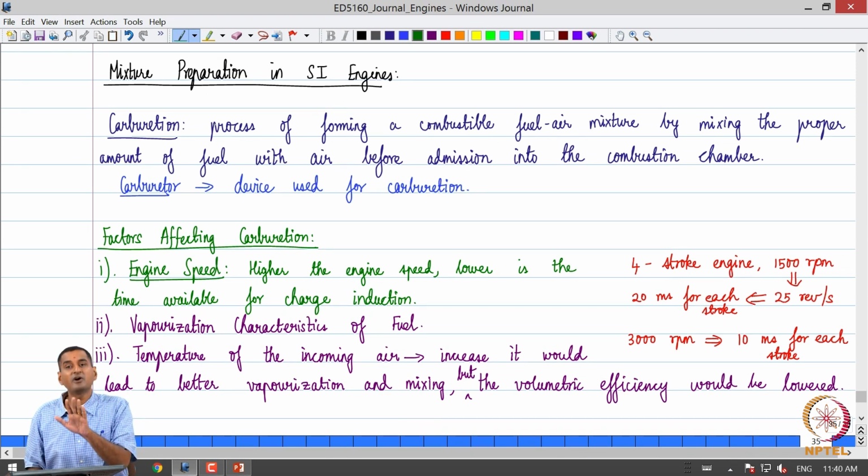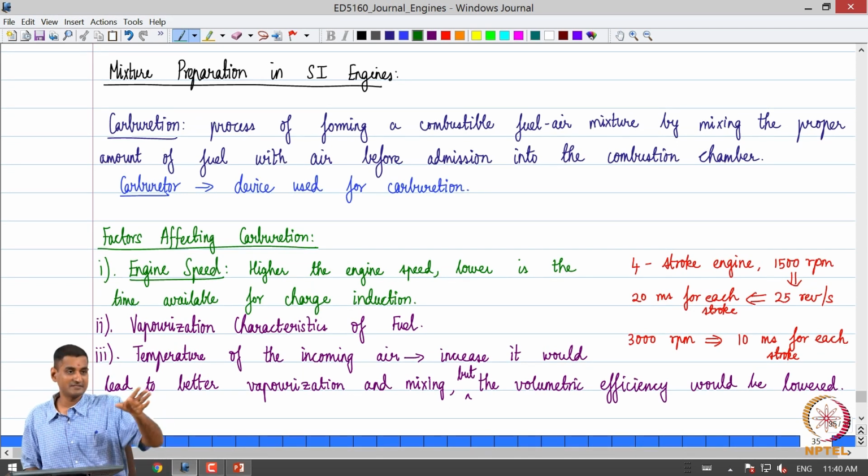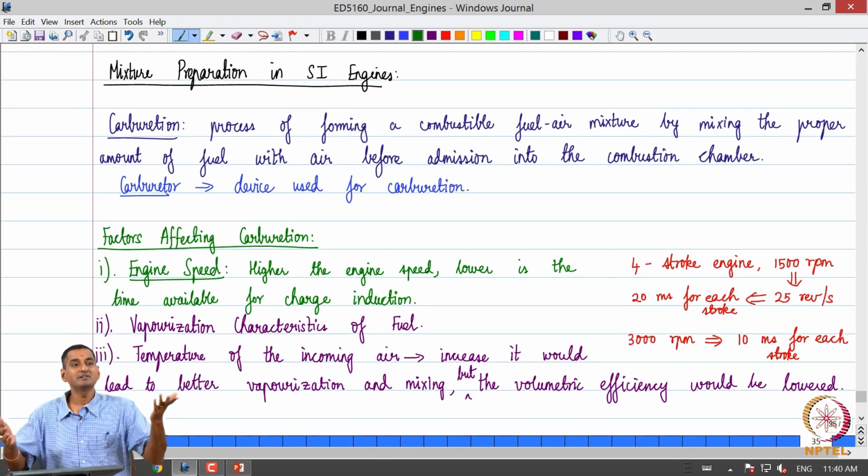So depending on the operating condition of the vehicle, what do I mean by that? If I am starting from rest and accelerating, what is the type of mixture which I would require? If I am cruising at high speeds, let us say on a highway, what is the type of mixture I want to have?